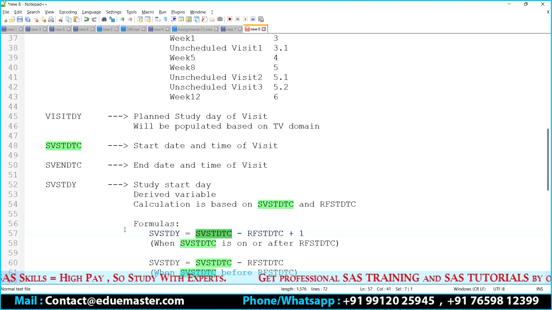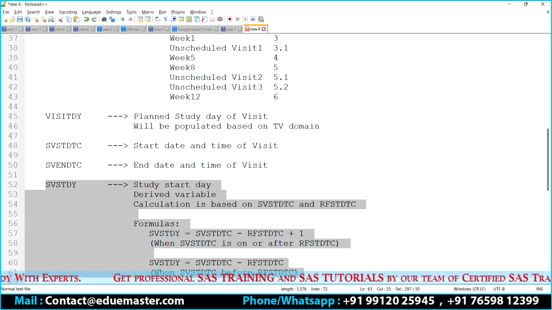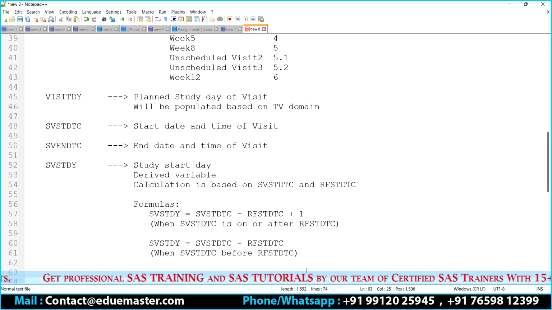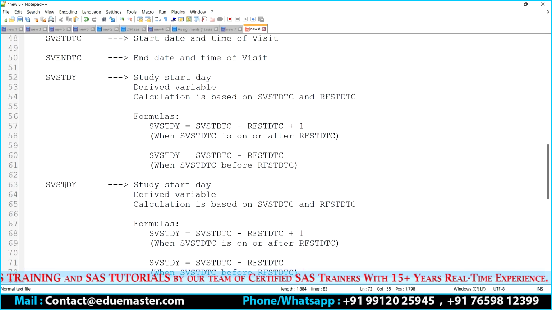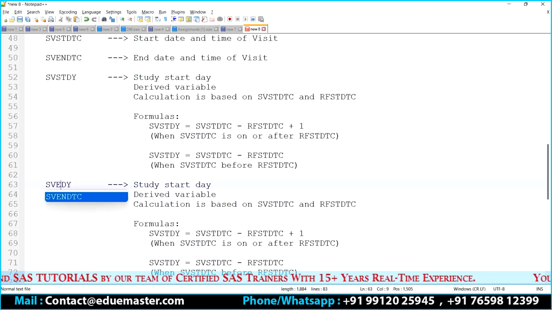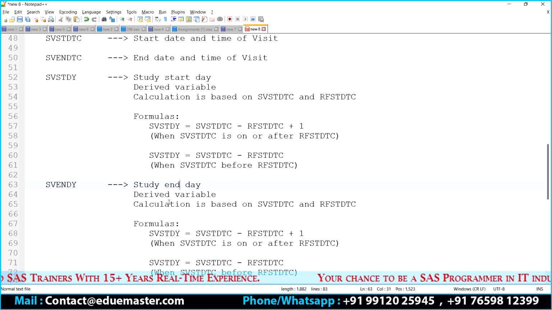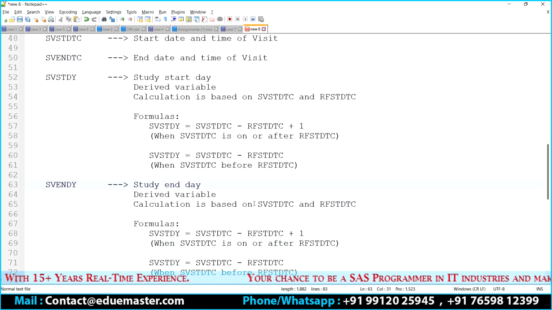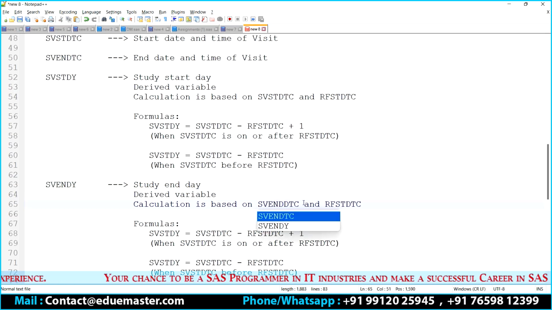Now let's go with the end date, that is SVSDTTEY. Same thing I'm going to copy paste here with a small change. And the change is here. Instead of STDT, I'm going to say END. This is study end day. When the study is ending, it is also a derived variable, but instead of the start date, I'm going to use the end date. That's the only difference.